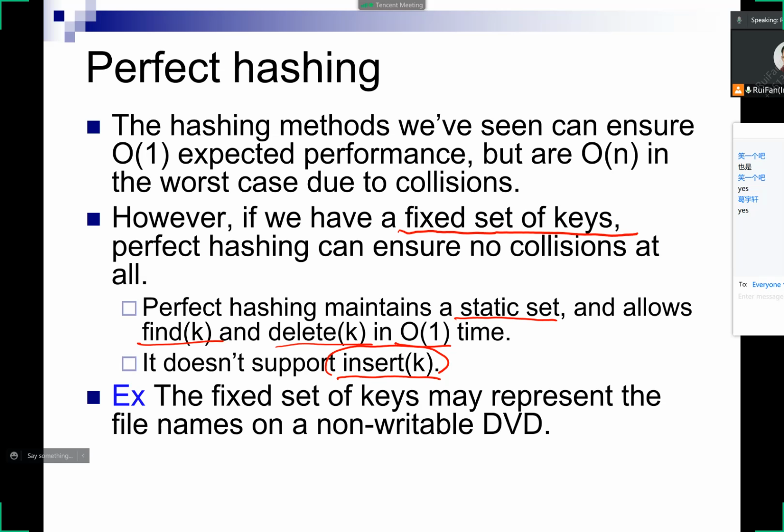I mean, there are rewritable Blu-ray discs also, but if you go for the standard ones, then you can only write them once. So that's one situation where you might need to maintain a fixed set of keys but want very fast operations, and this is one situation where you might use perfect hashing.